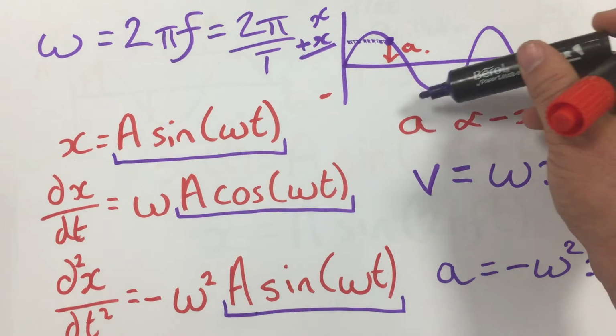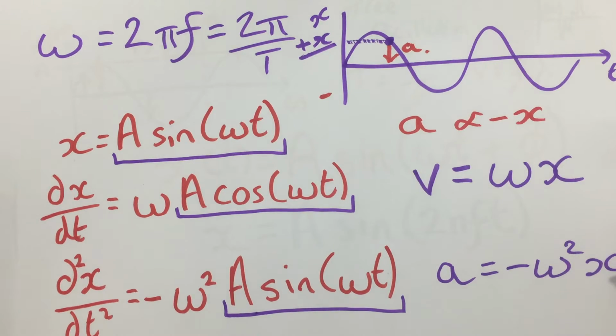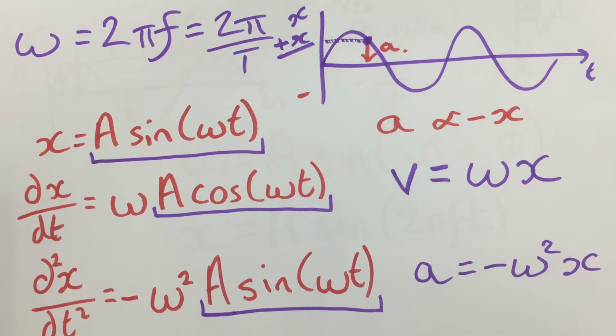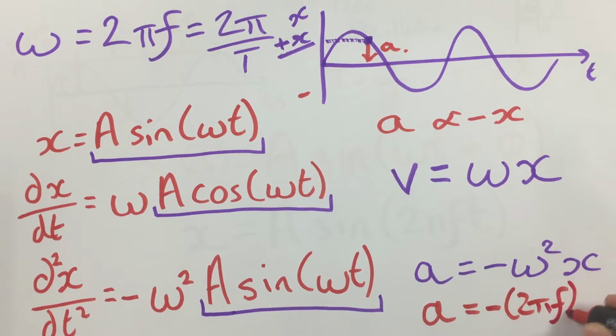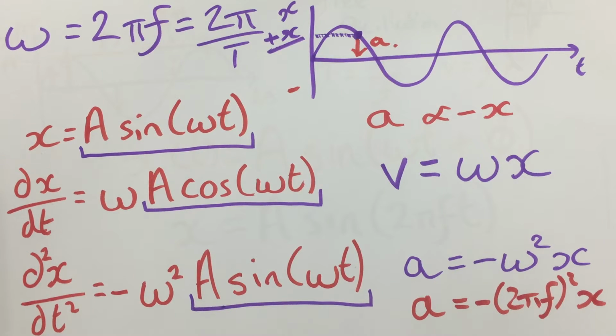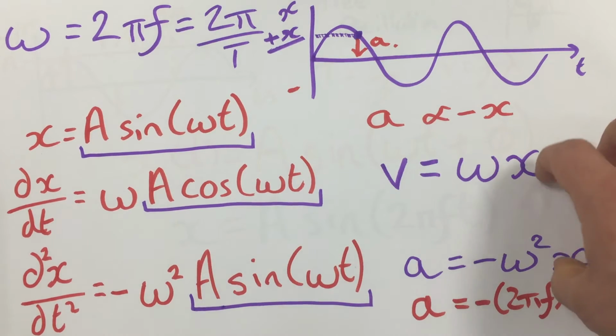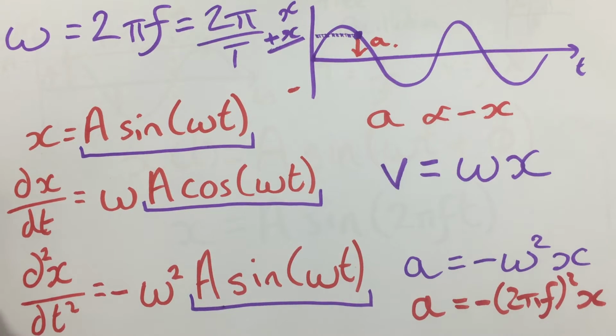And so from this you can see a is directly proportional to displacement and acts in the opposite direction, and the constant of proportionality for this is omega squared. So another way of writing that equation would of course be a is equal to minus (2 pi f) all squared x. Now there is one extra special case of each of these that you should be aware of, which is the maximum velocity and the maximum acceleration.